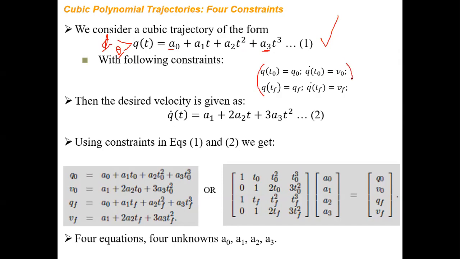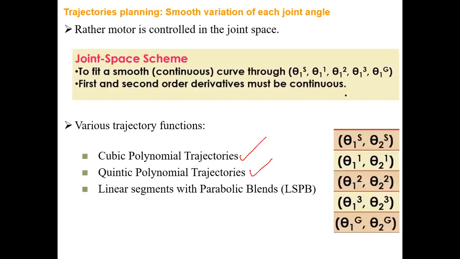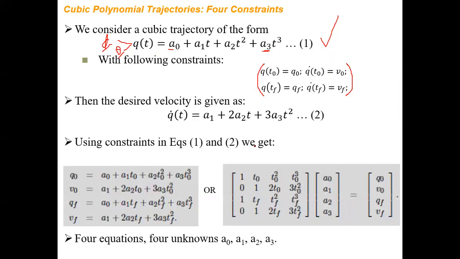Those constraints are given. You don't have to worry about these constraints. They will be given to you, or you decide what kind of robot you want to build, right? You decide it in the very beginning. Given means you decide it in the beginning. So once you decide, then depending on the constraints, you choose what kind of trajectory function you would like to have. If you have 4 constraints, then you cannot go below cubic.